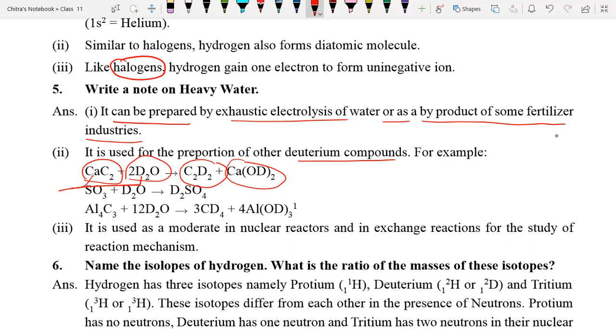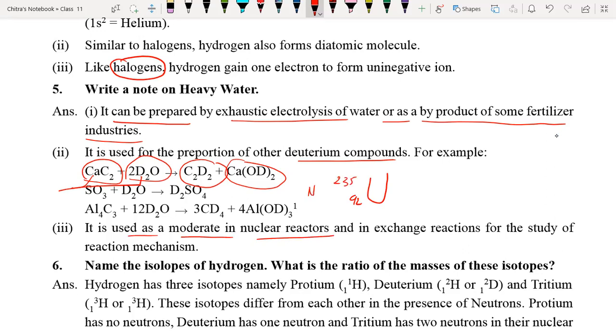Like here, it is used as a moderator in nuclear reactions. We know in nuclear reactions we use uranium metal. Uranium's atomic number is 92 and its atomic mass is 235.